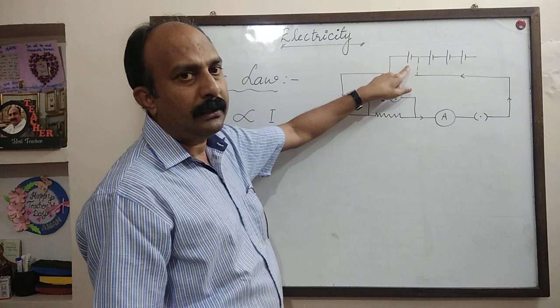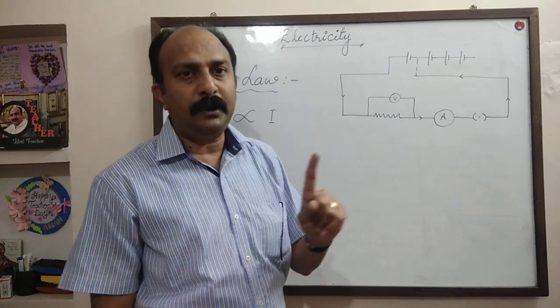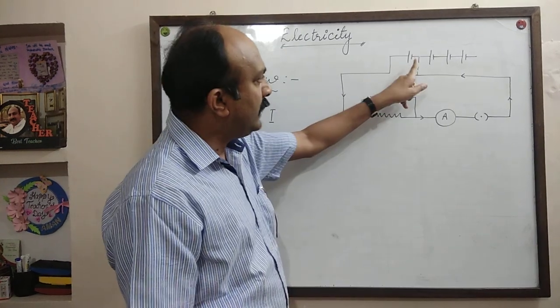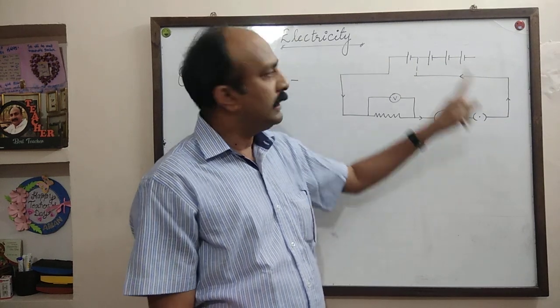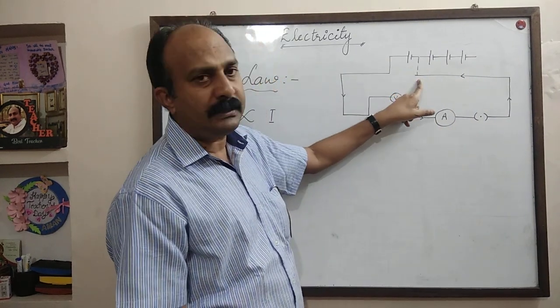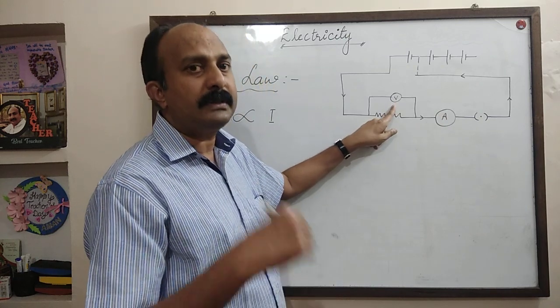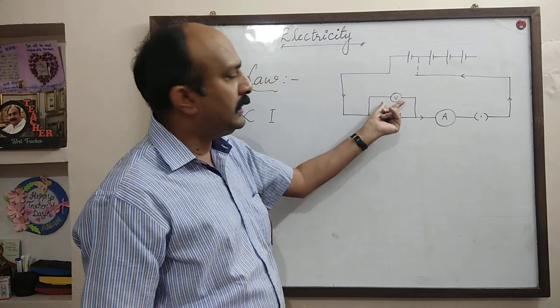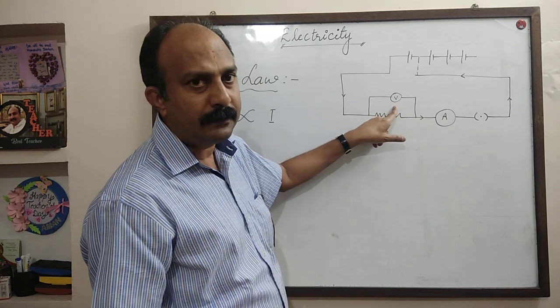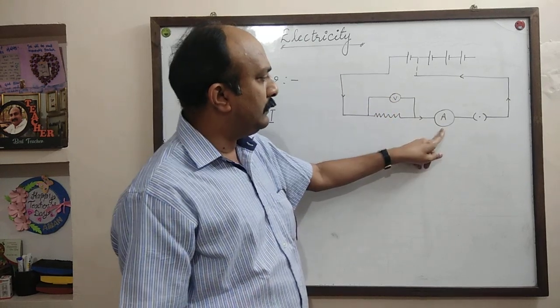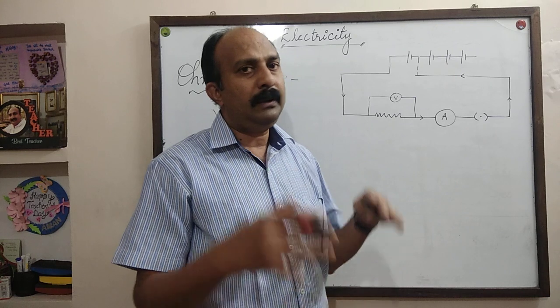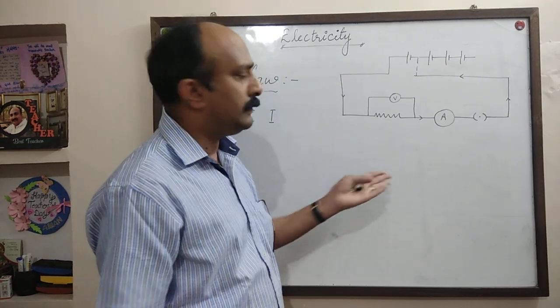We know that the voltage of a single cell is 1.5 volt. When this one cell is connected to the circuit, both the ammeter and the voltmeter will give some readings. Voltmeter will give 1.5 volt, and at the same time this ammeter will also give a particular measurement.